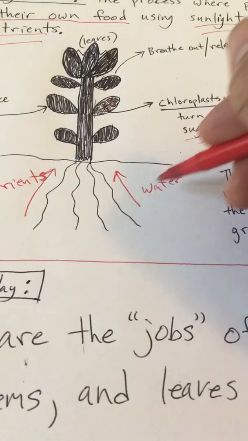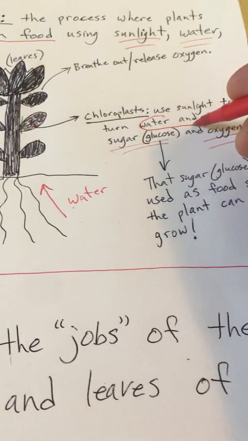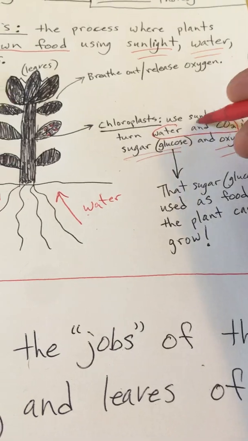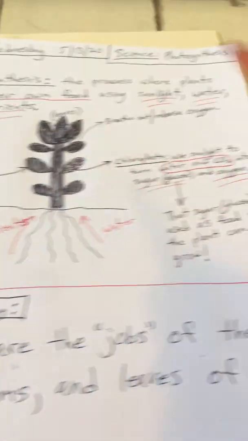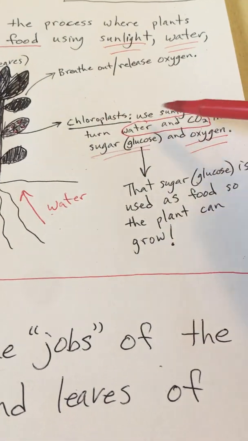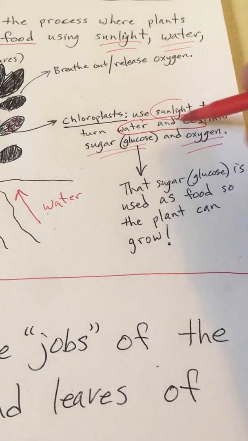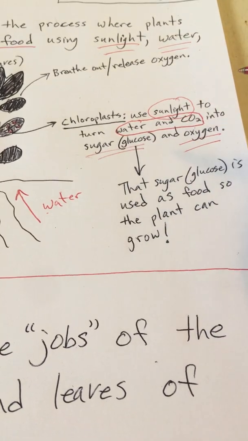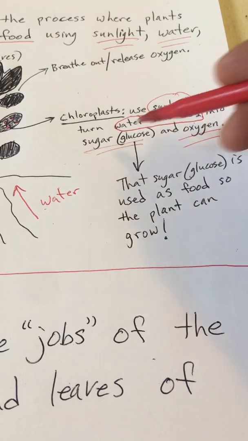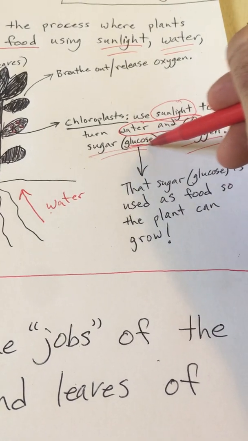So what they do is they use this water and the carbon dioxide that they breathe in. The chloroplast uses the sunlight to turn the water and that carbon dioxide into sugar, which is called glucose.